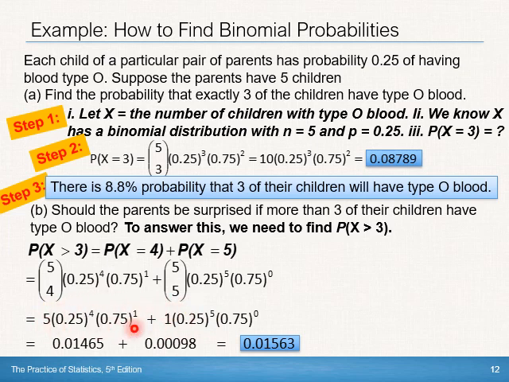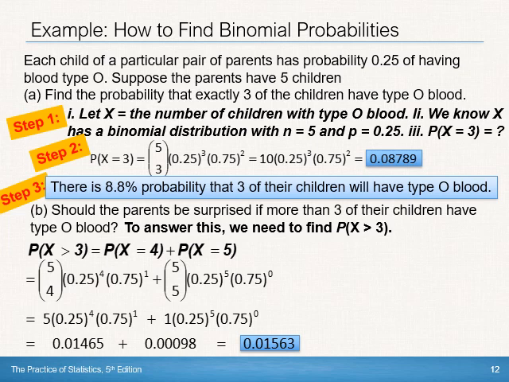And you can see how we would do these calculations. But ultimately, I'm going to recommend that you do these calculations in your calculator. The calculator will do this whole thing, and we're going to practice that in a second.